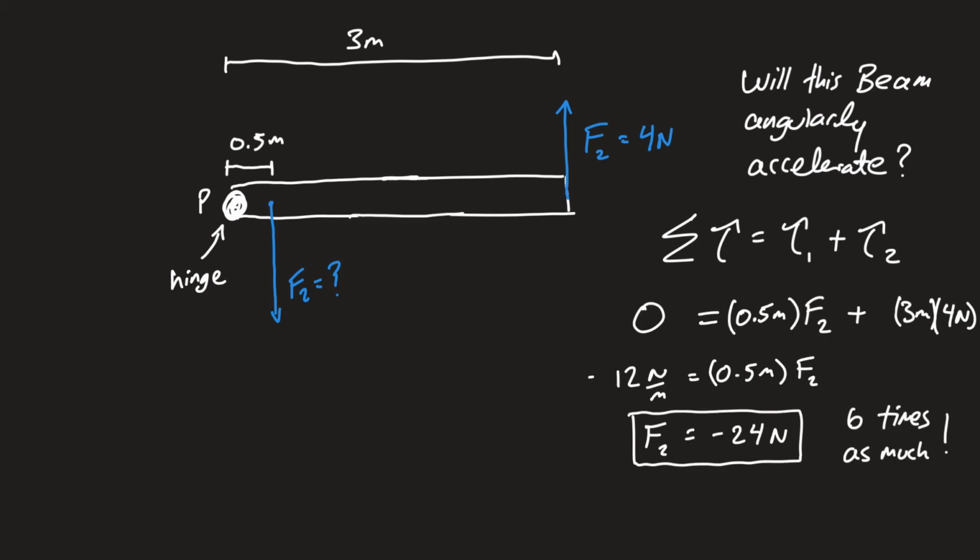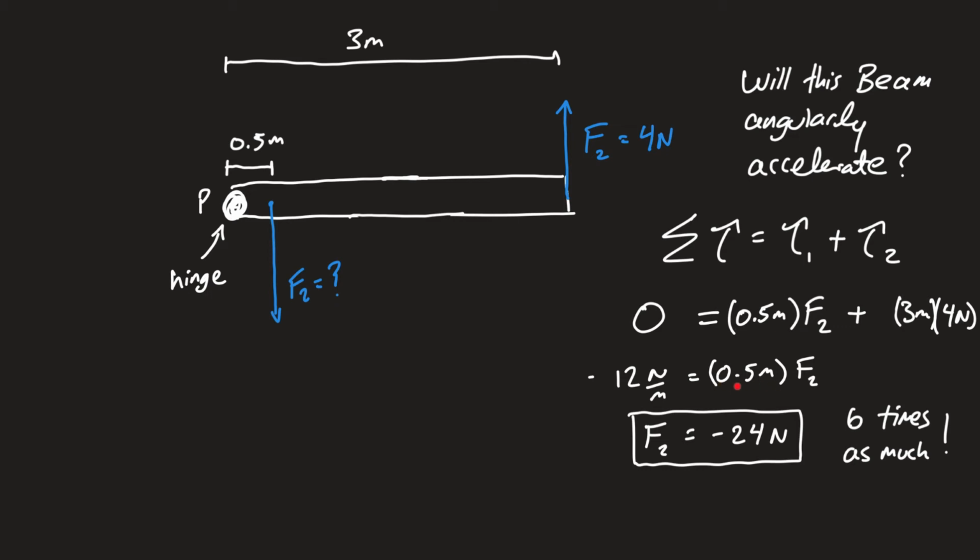All right, well, I've done the math over here. The torques must sum to 0. And they do, but only if force 2 ends up being negative 24 newtons. We need to cancel out this positive 12 newton meters of torque with negative 12 newton meters of torque.